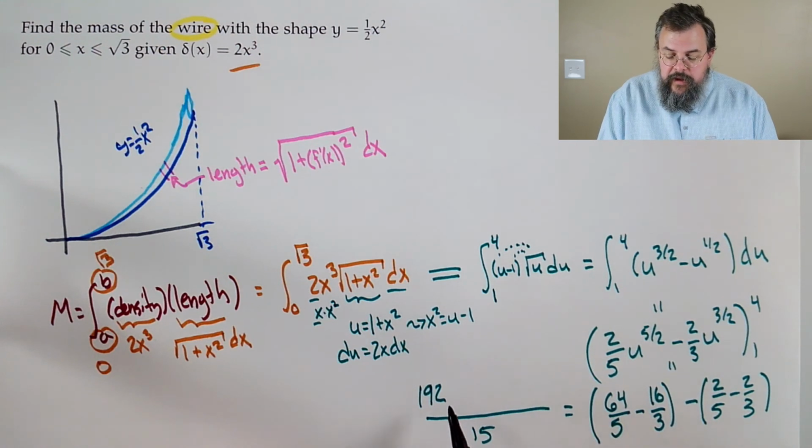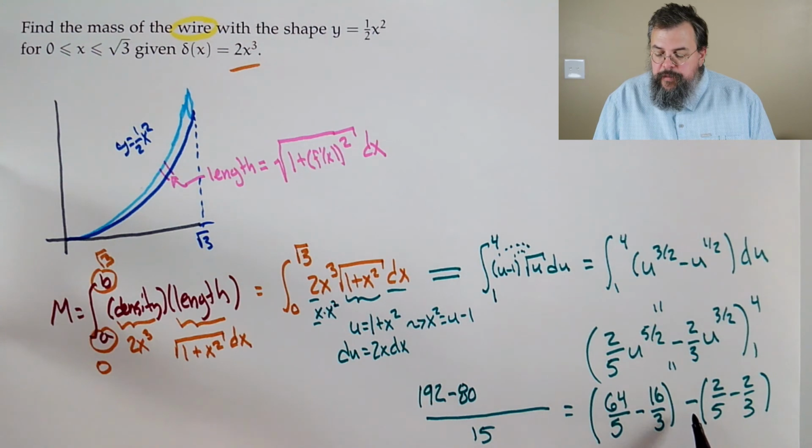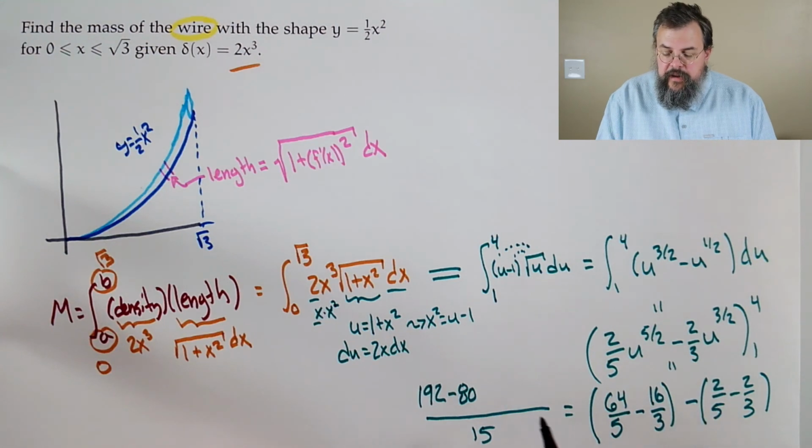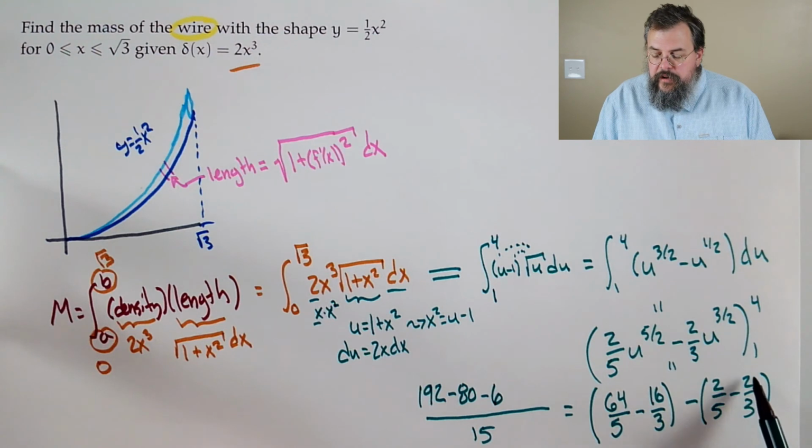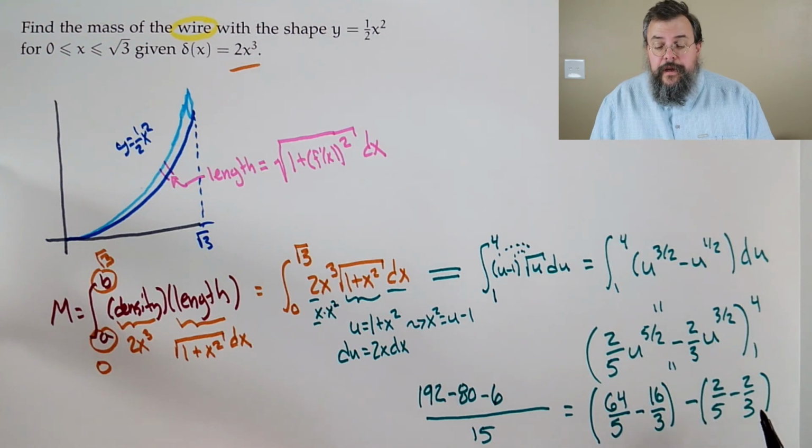Don't forget the minus. Minus 80. Then minus 2 over 15, we'll multiply by 3. That'd be 6 over 15. Don't forget the minus, so minus 6. And then here, 2 over 3, I've put it into over 15, I have to multiply by 5. 10 over 15, minus minus, it's a plus.